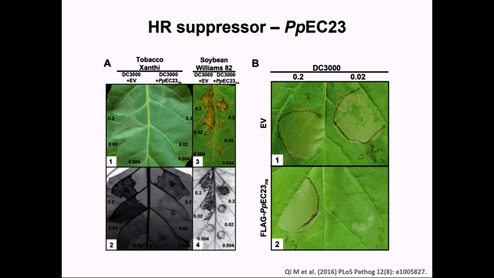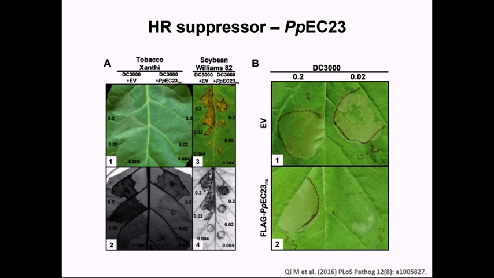So we screened all 82 candidate effectors in this particular assay, where we simply expressed the effector candidates in Pseudomonas syringae pathovar tomato, and we looked to see if any of the 82 PPECs would suppress the hypersensitive response that's caused by Pseudomonas syringae in tobacco, soybean, or Nicotiana benthamiana. And so after screening the 82, we found one, which we called PPEC23.